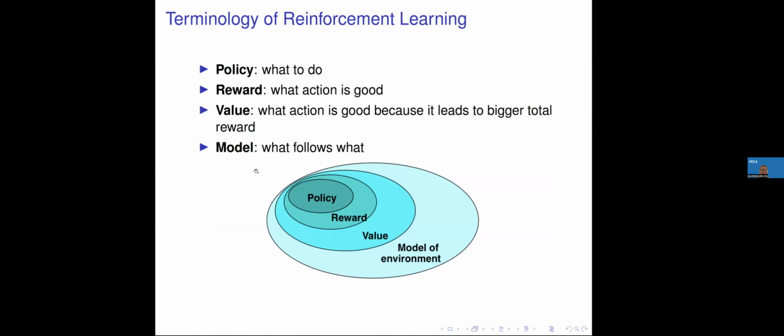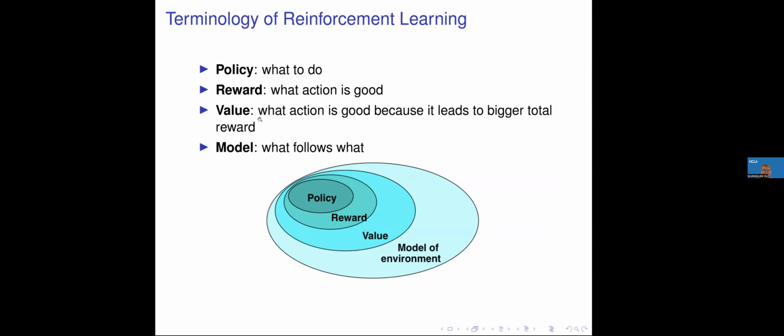All right, so with that, I will dive into a more formal introduction of reinforcement learning. There are several important concepts or terminology in reinforcement learning. One is called policy, which tells the agent what to do. The second concept is called reward. It tells the agent what action is good or what action is bad.